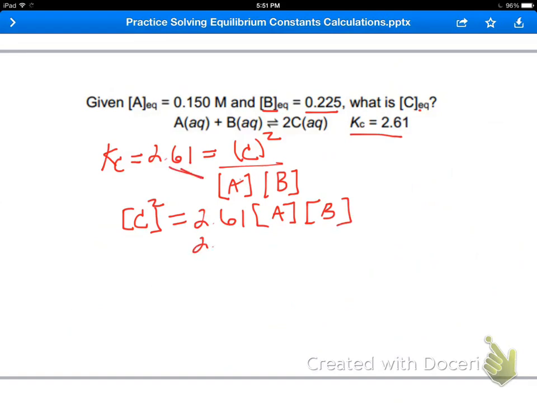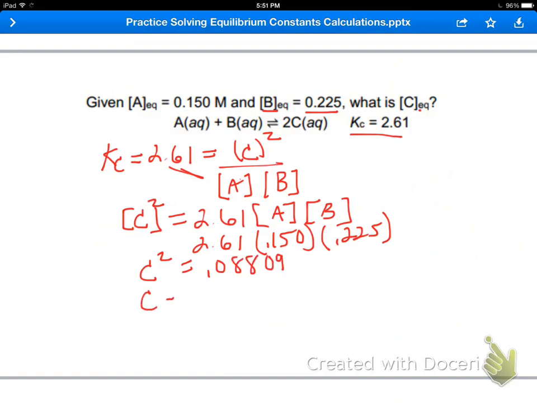And if I do that, it's 2.61 times A, which is 0.15 molar, and B is 0.225 molar. What I get is C squared is 0.08809. So C is going to be the square root of 0.08809, or 0.297.